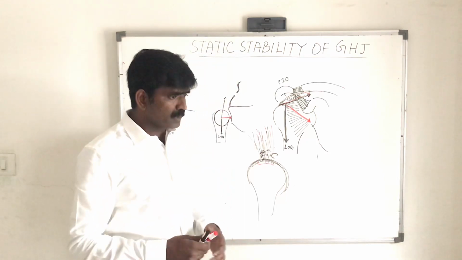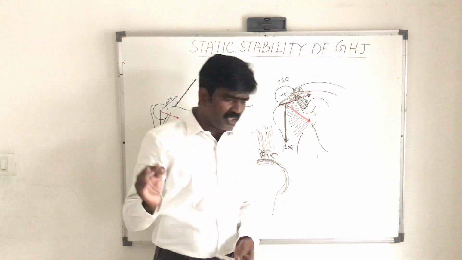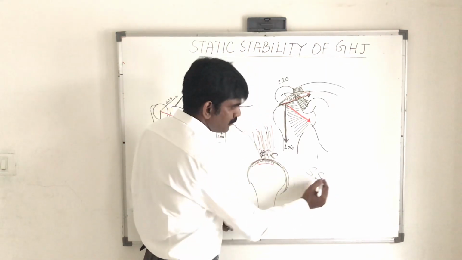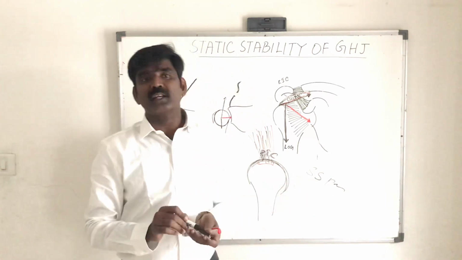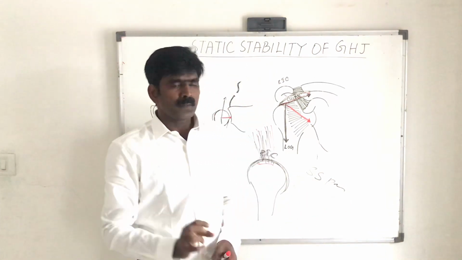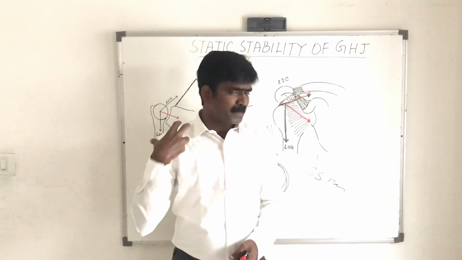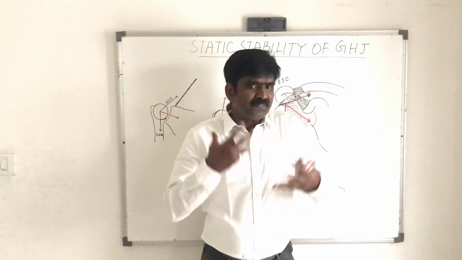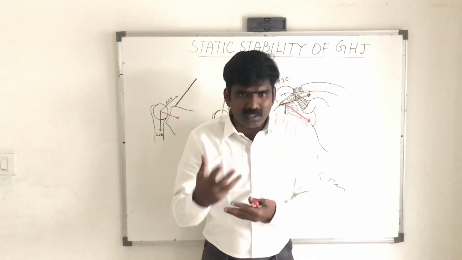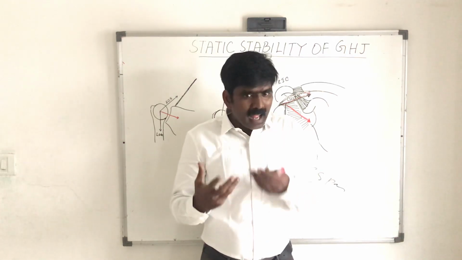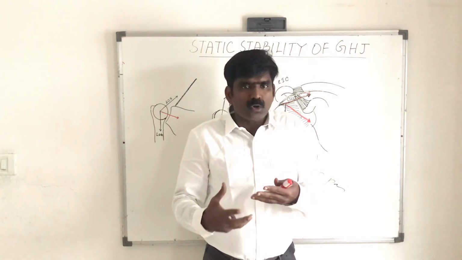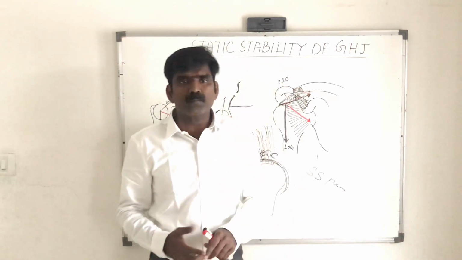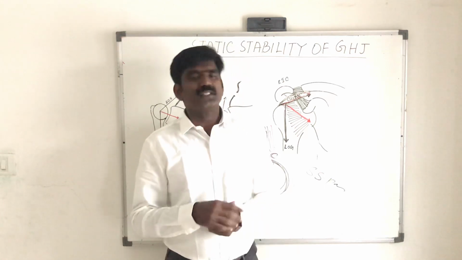Now, for example, if we take supraspinatus muscle paralysis, okay, if the supraspinatus muscle is paralyzed and you are carrying a load in your arm, the passive tension in the supraspinatus muscle cannot be produced, and the passive tension created in the RIC is not enough to maintain the static stability.